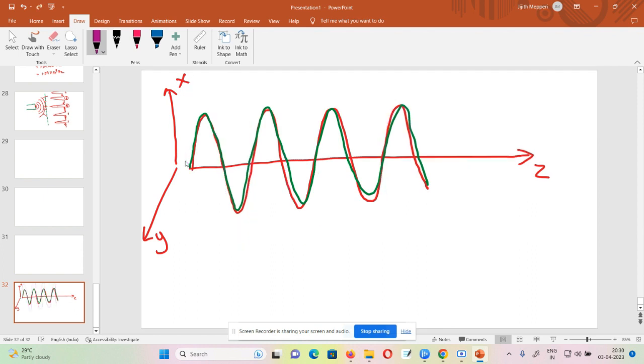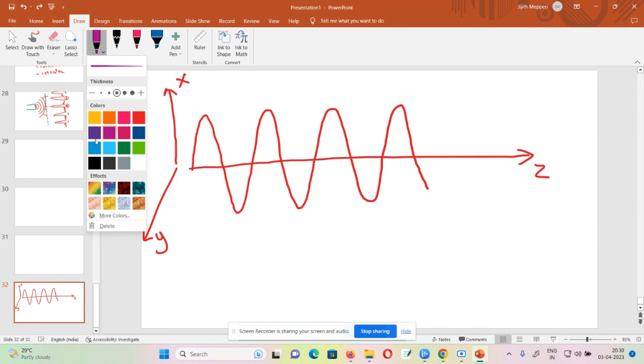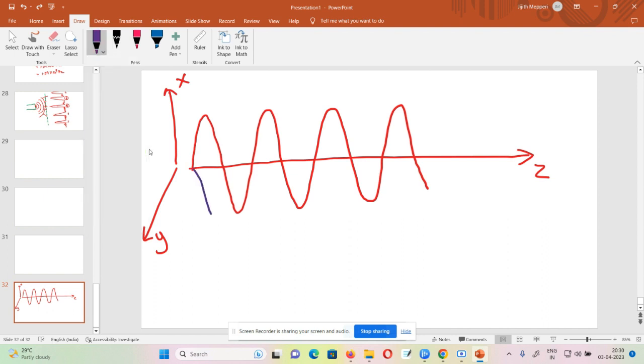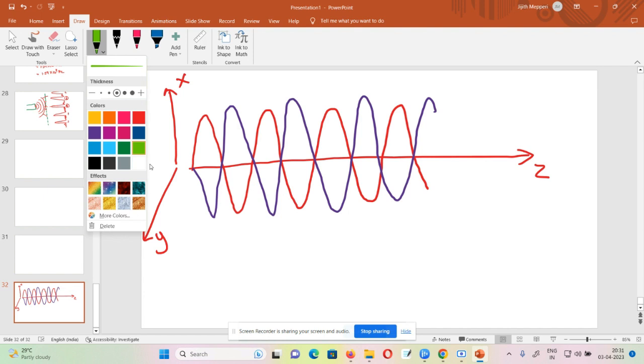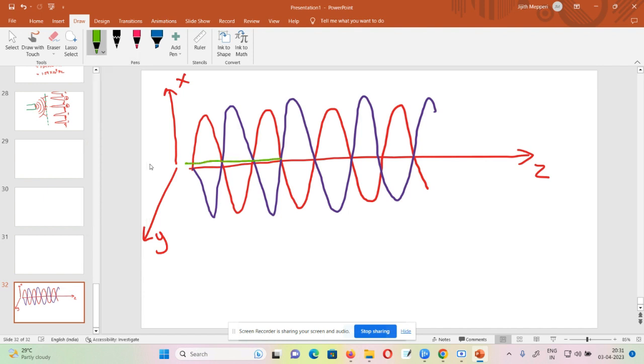Or just think that a similar wave is out of phase. What will happen? It will combine and form nothing. There will not be any intensity here.